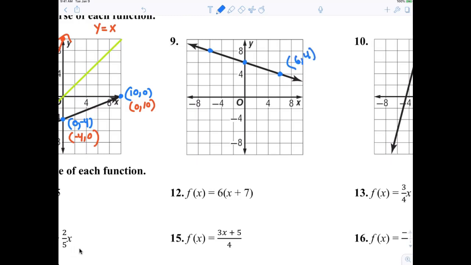This one over here looks like (0, 6). And the other one would be (-6, 8).